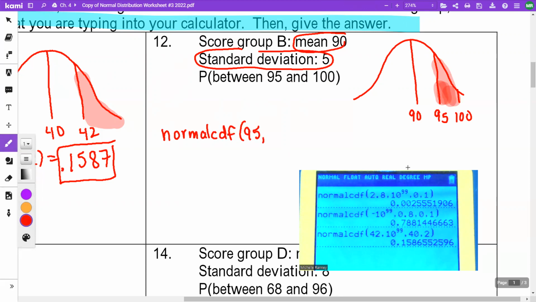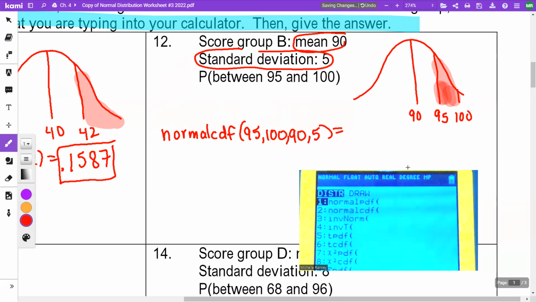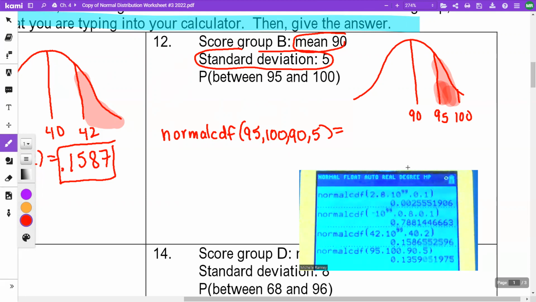Minimum is 95, maximum's 100, mean is 90, standard deviation is 5. So 95, 100, 90, and 5. And we end up with a 0.1359.